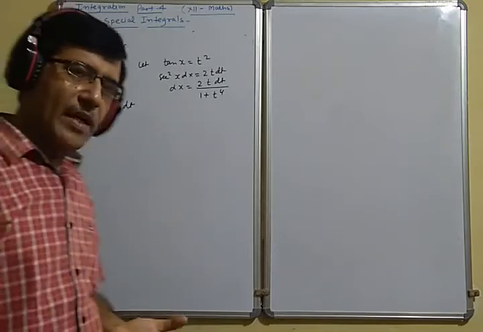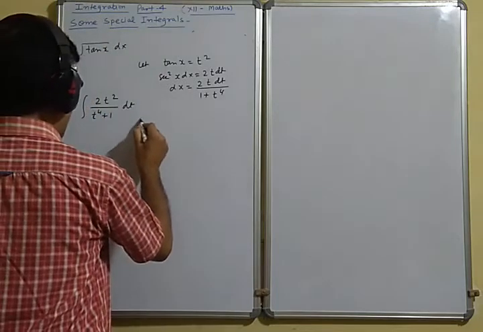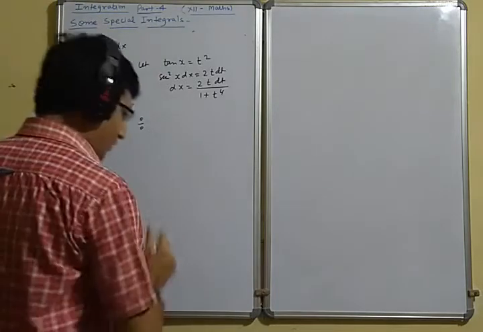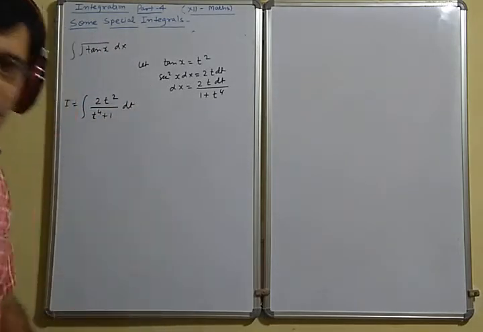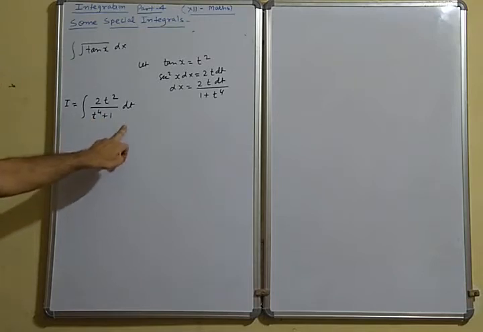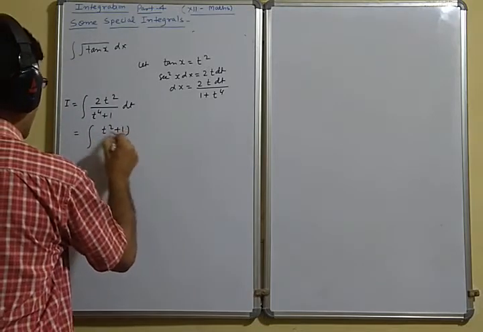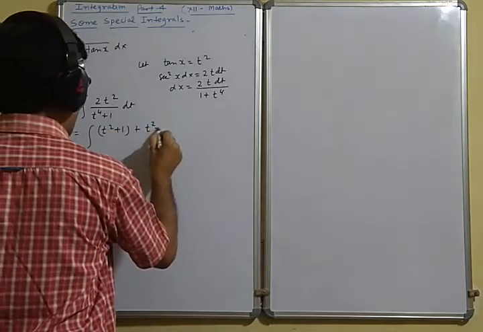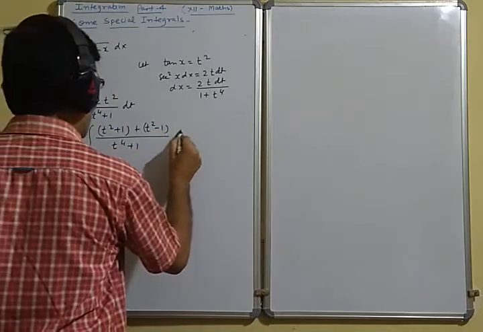So to simplify such type of question, we divide numerator and denominator. Before this division, we have to check the form. If you divide by t square, you will get t square plus 1 upon t square. Now you have to convert this also. So we can write it as t square plus 1 plus t square minus 1 divided by t4 plus 1 dt.